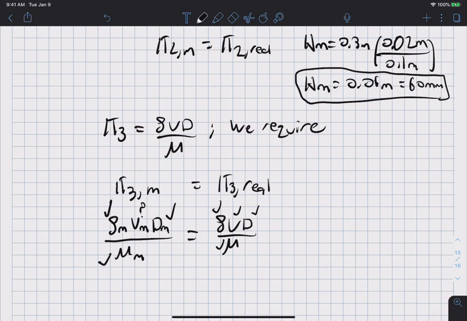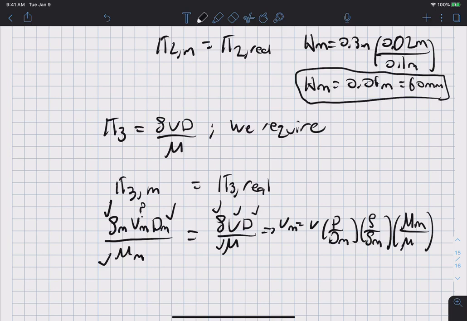Okay, and so we solve this for v. This implies that v of the model is equal to v times d over d of the model times rho over rho of the model times the viscosity of the model fluid over the viscosity of the actual fluid used on the real object.